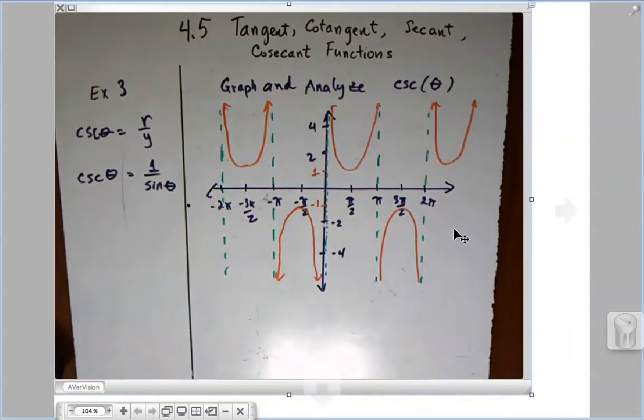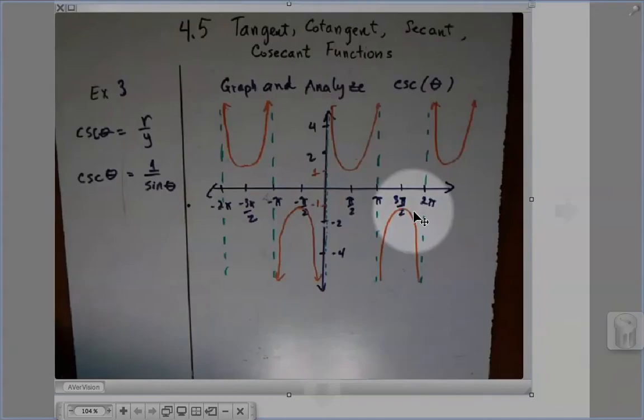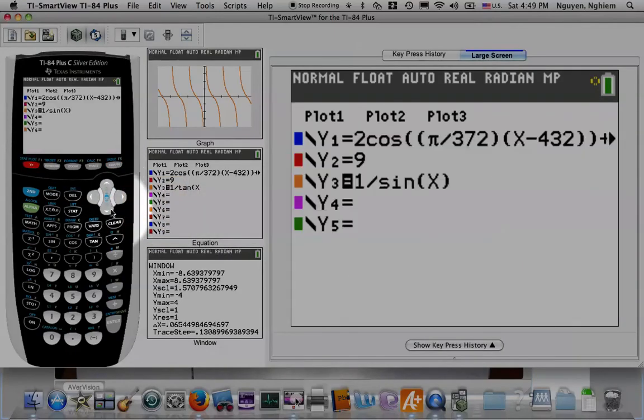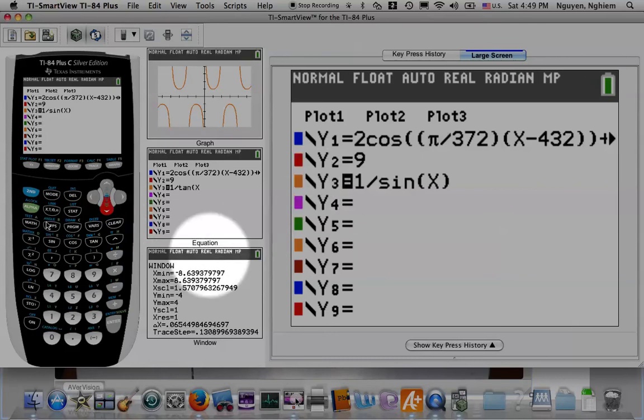And to do that, I'm going to go back to my grapher, and I'm going to graph sine of x right on the same graph, so that hopefully we can see why this graph behaves this way. Let me graph it using green here, because orange and green will make a nice contrast for us.